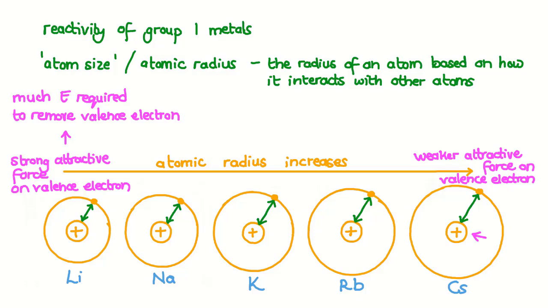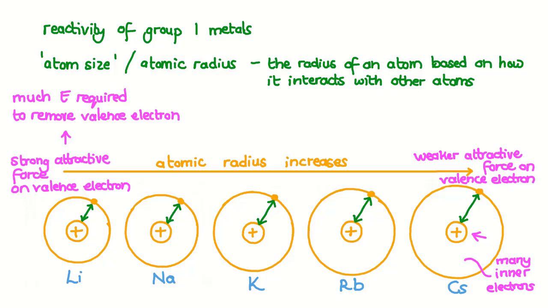Remember that there are many more protons in the nucleus of cesium than in the nucleus of lithium. So we would expect the attractive force on the valence electron of cesium to be very strong because of these many protons. But remember, there are also many inner electrons in cesium compared to in lithium. And these many inner electrons actually repel the valence electron in cesium, decreasing the overall attractive force experienced by that valence electron.